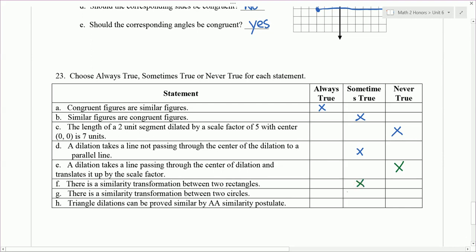There's a similarity transformation between two circles. That's true for all circles because all circles are proportional. Triangle dilations can be proved similar by the AA similarity postulate. And that's true. That's what the AA similarity postulate does, proves triangles similar.